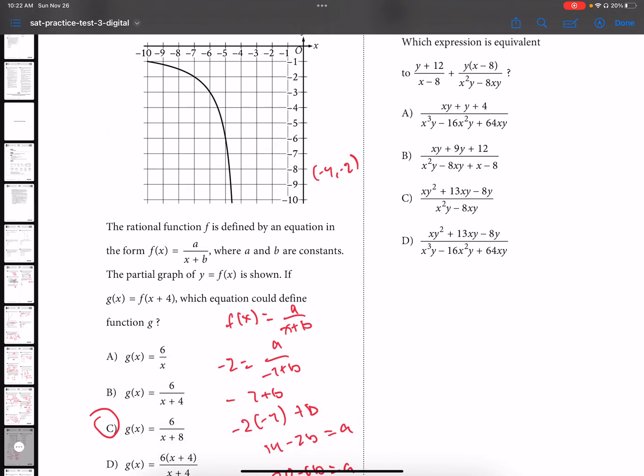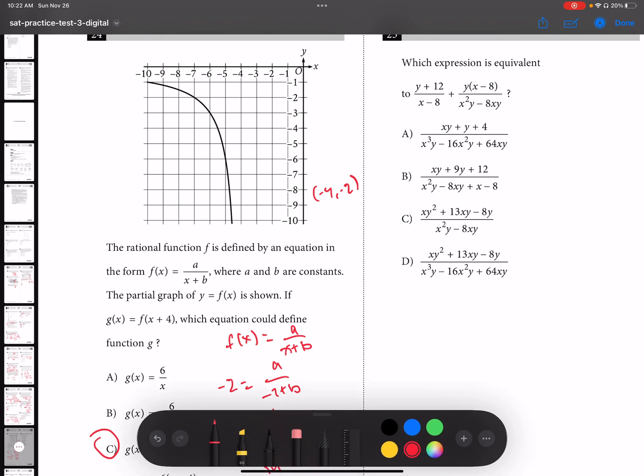Okay, 25. Which expression is equivalent to this? For this one, what I'm going to do is simplify. So y plus 12 over x minus 8, plus y times x minus 8. You can also get x minus 8 down here by saying xy times x minus 8. Now that we have this, we can bring xy over here.